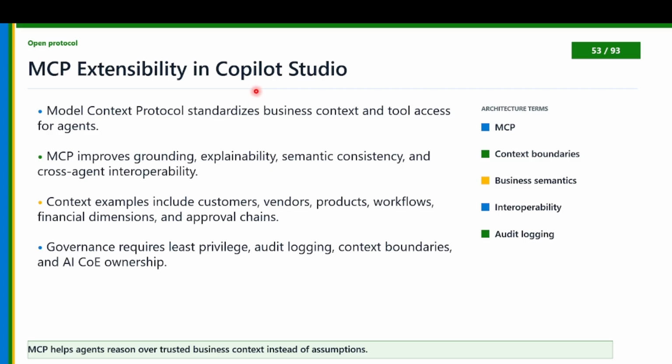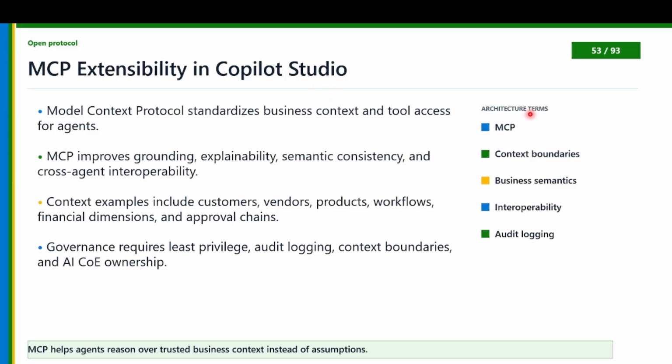You have the server, which connects to the database securely using role-based access control, and then you have the client, which is where the agent sends information and receives information coming from the server.